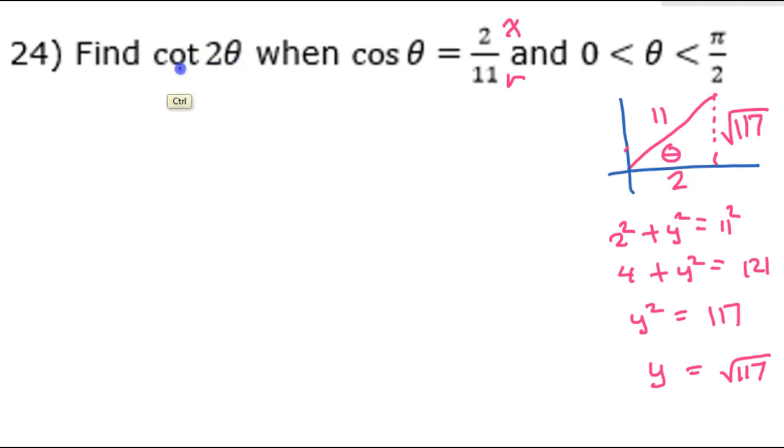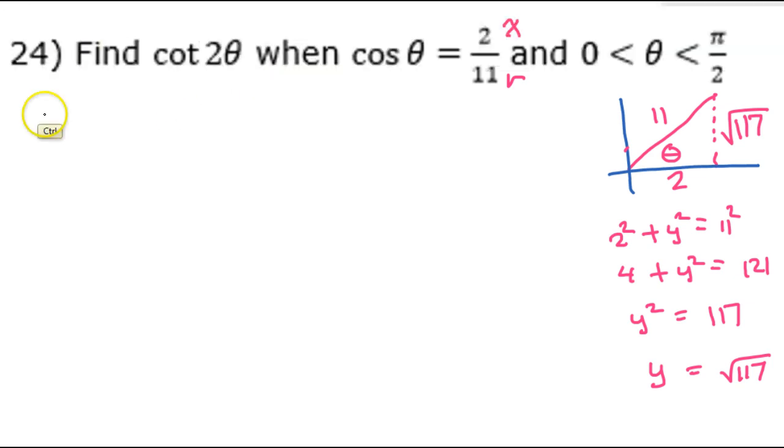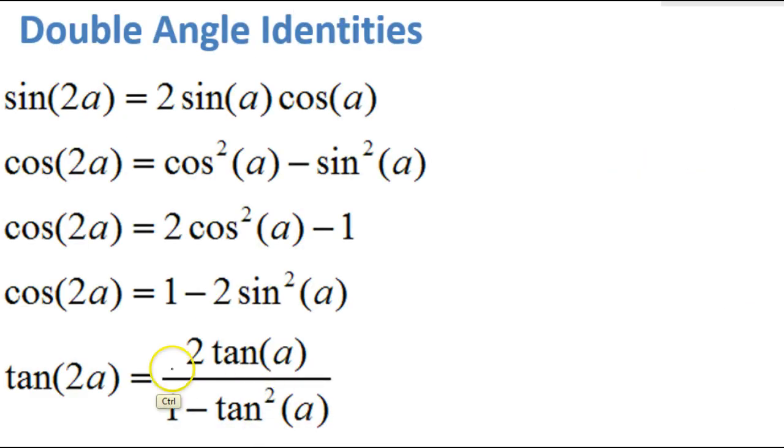Now, we need to find the cotangent of 2 theta. I don't have a formula for that, so what I'm going to do is I'm going to find the tangent of 2 theta, and then whatever I get, I'll just do the reciprocal of that, and then I'll have cotangent. So the formula for tangent 2 theta, see if I can put my hands on it real quick, goes like this: 2 tangent theta over 1 minus tangent squared theta.